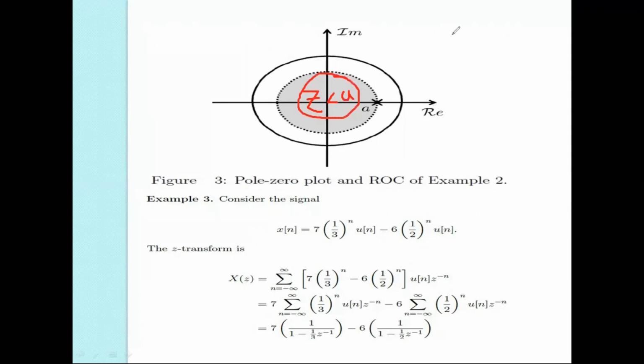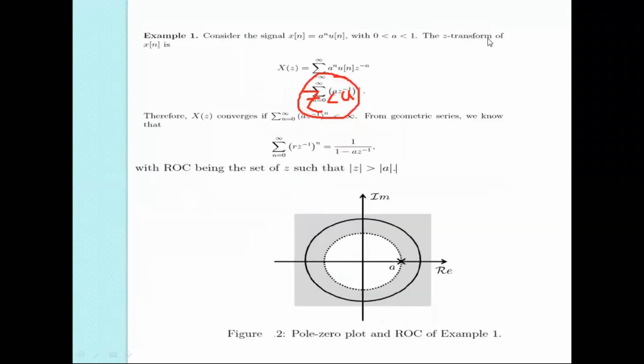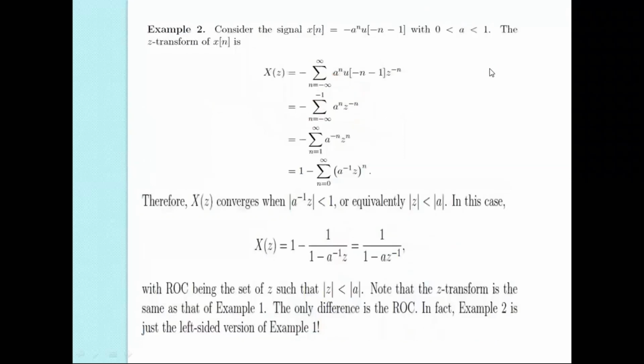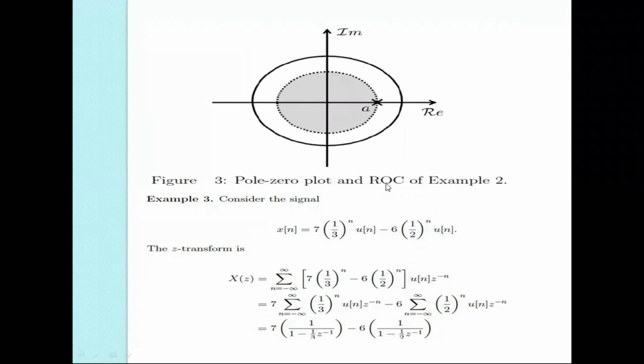Stable system. Previously, the shaded area was outside the circle. Unstable system, z greater than a. Got it? This is the pole-zero plot of the ROC of example 2.